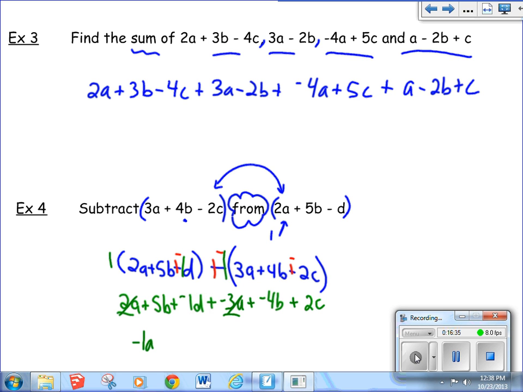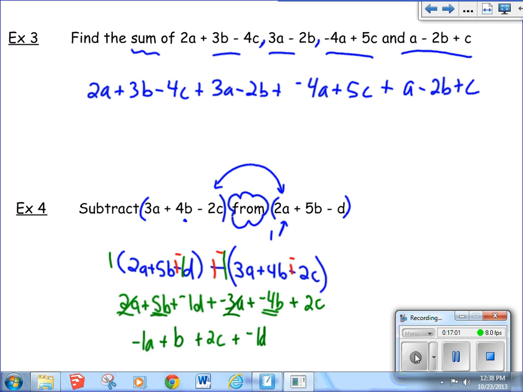What else can we combine? Jack? 5b and negative 4b, which is equal to what, Jack? Just b. Just b, good. Now, do I have any other c terms here, Caitlin? No. Just add it in. And no other d terms, so just bring it on down.